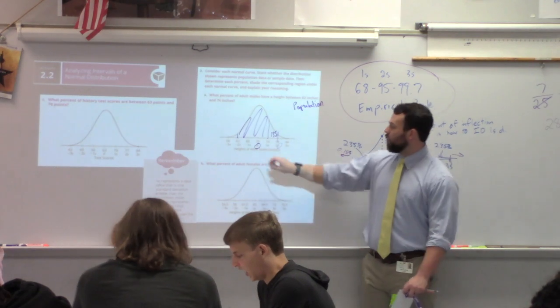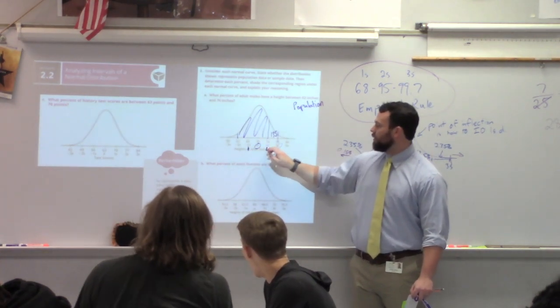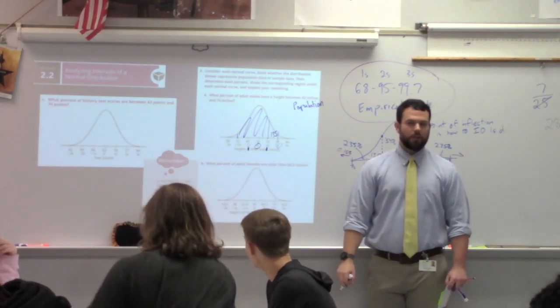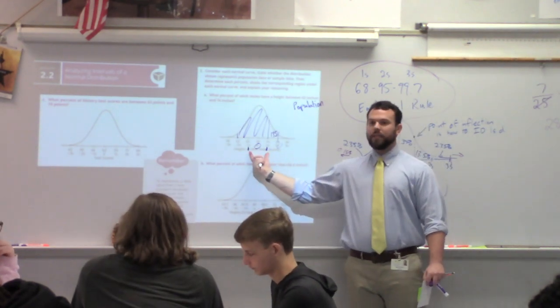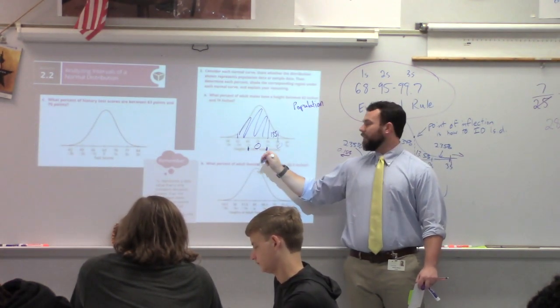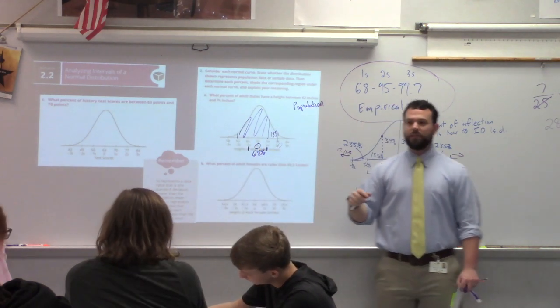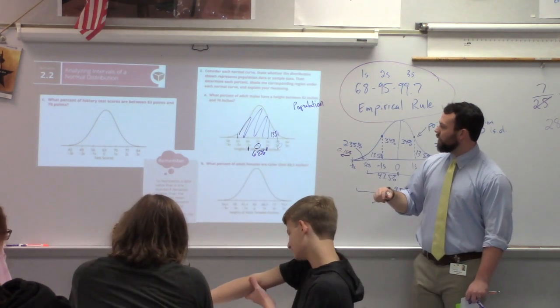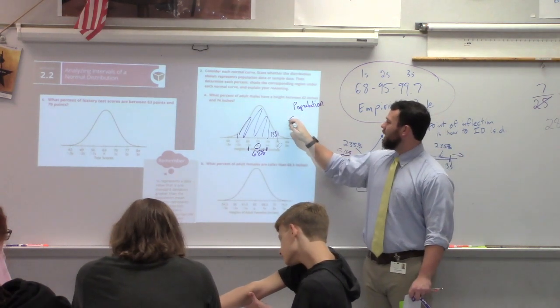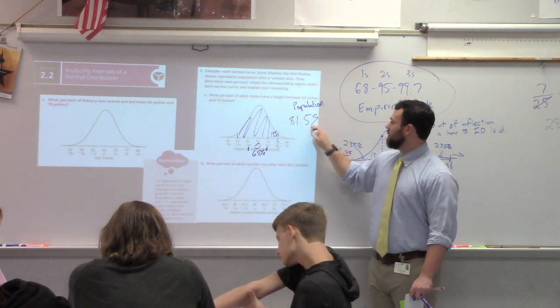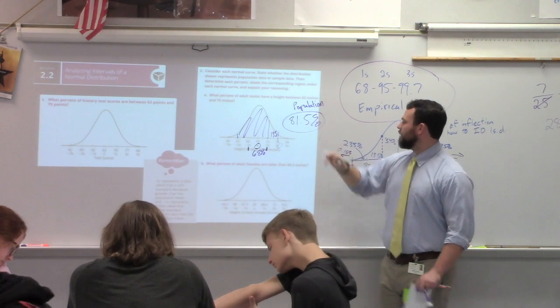We could also remember what's between 1 standard deviation below and 1 above. That's 68%. And then I can figure out what that 2 standard deviations below is. And so I think you come out with 81.5%. So it's just playing around with that.